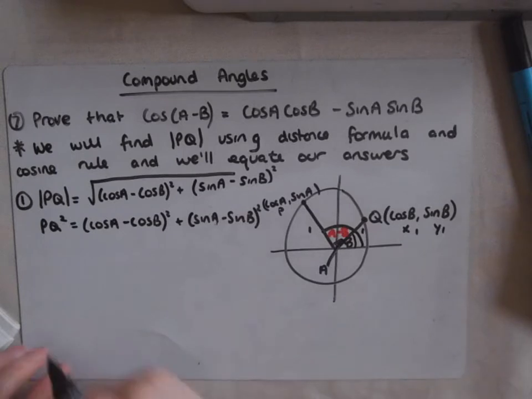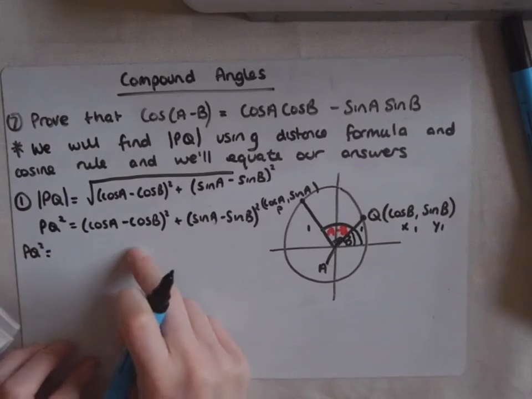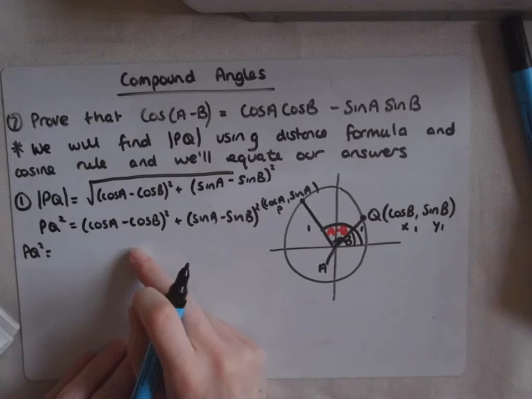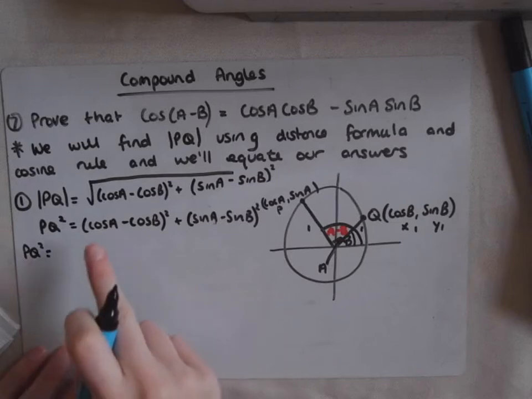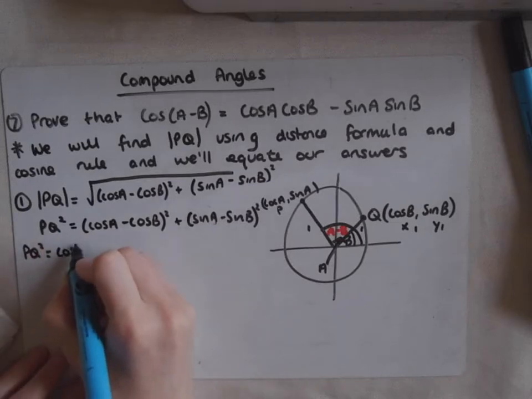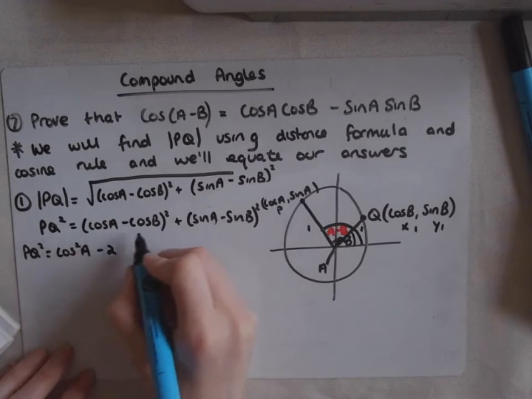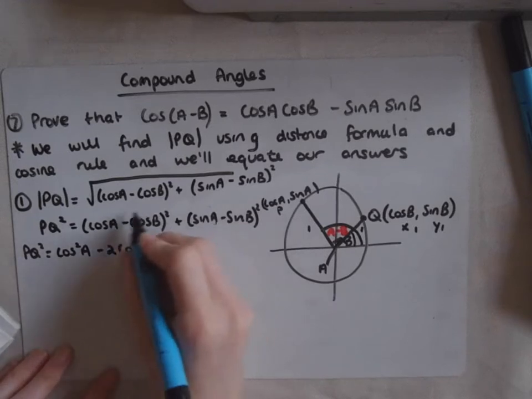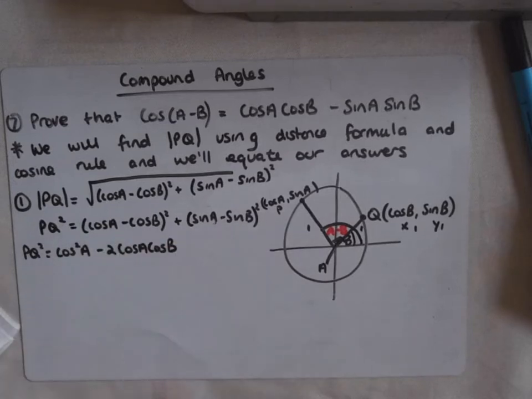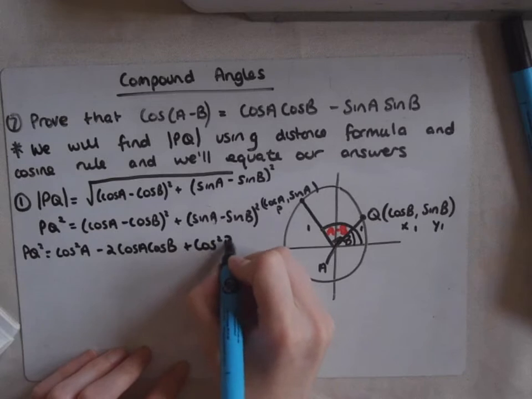Now this is something to be squared. That means you can either write it out twice and do first number, second bracket, second number, second bracket, or you can just square it out. So square the first, cos squared A. Product of the two multiplied by 2, so minus 2 cos A cos B. Square the last, minus cos B to be squared is going to be plus cos squared B.